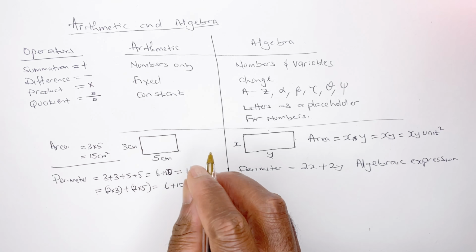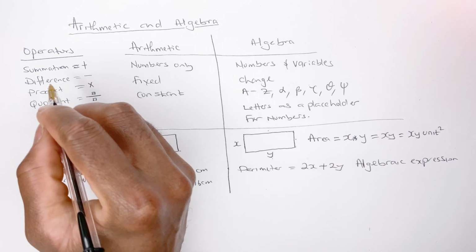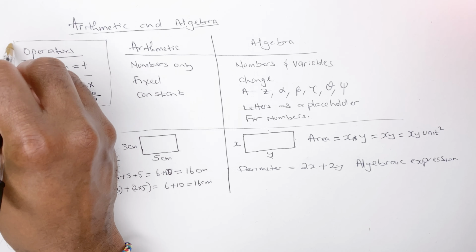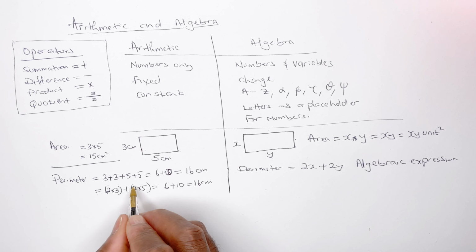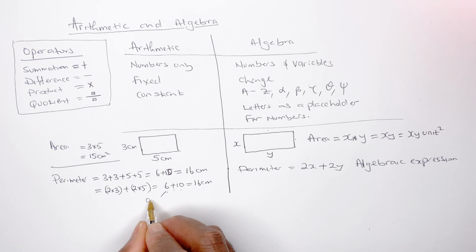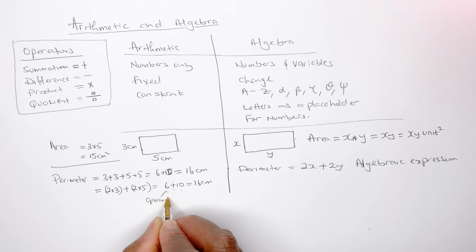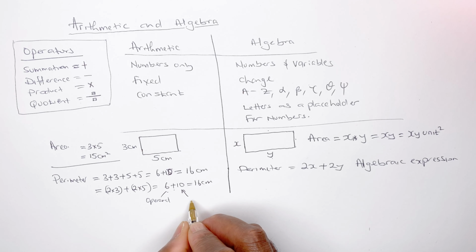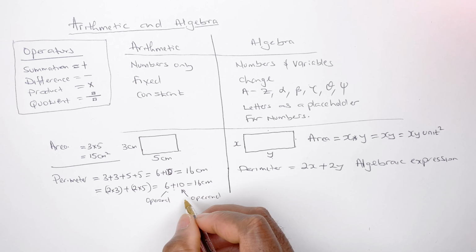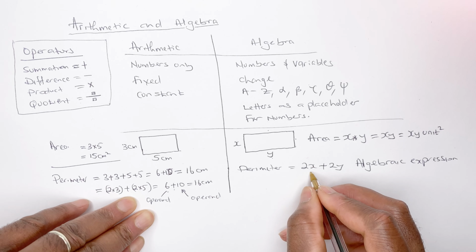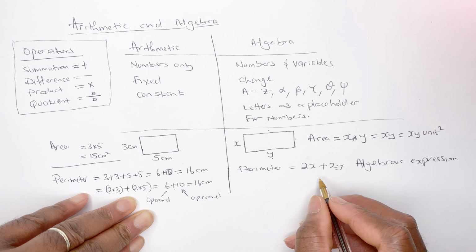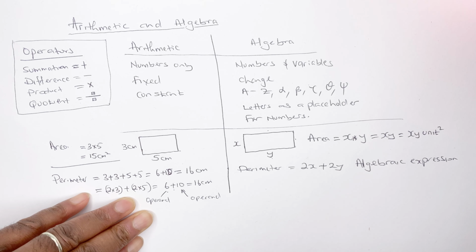That's what divide is. Right, so these are the operators we use with the operands. So each one of these is an operand, that's an operand, and the middle is the operator, the plus. You can see the operands there, 2x plus another operand here, 2y, making the algebraic expression.